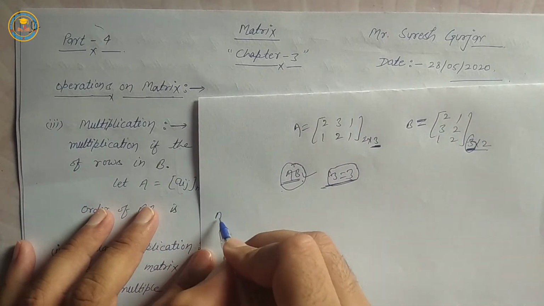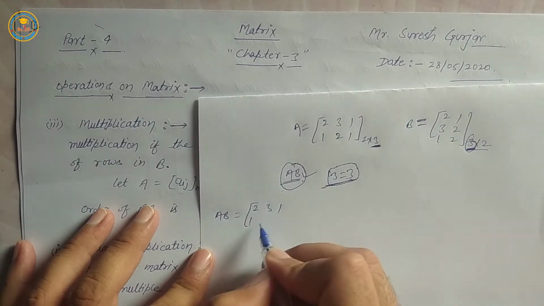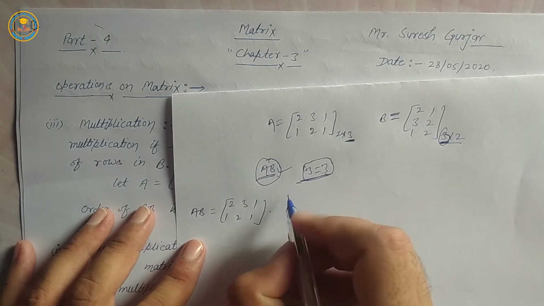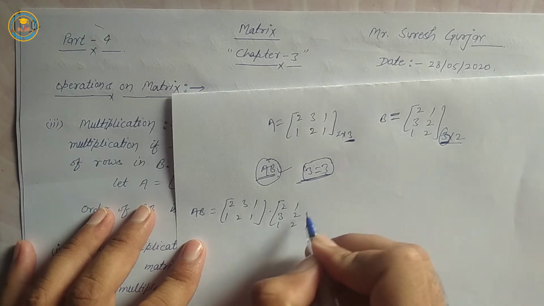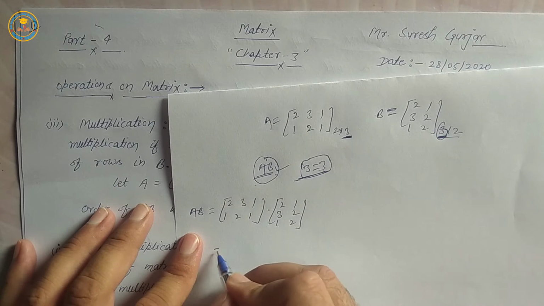So A into B is equal to 2, 3, 1, 1, 2, 1 into 2, 1, 3, 2, 1, 2.